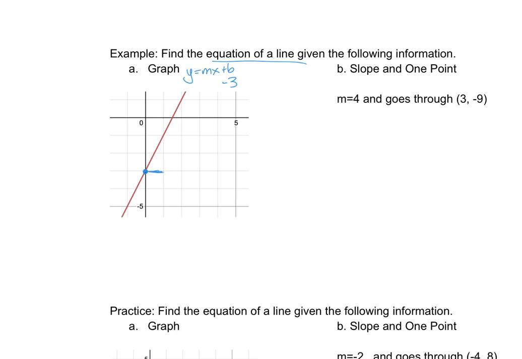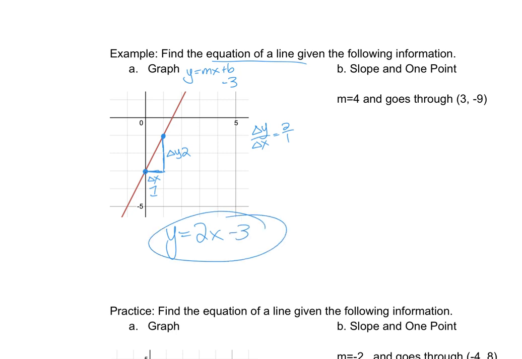I prefer drawing what's called a slope triangle. The slope triangle gives us the change in y and the change in x. You have to draw the triangle between 2 points that you know for sure so that you can count. So this is 1 and this is 2, and then we put delta y over delta x. That's 2 over 1. So my equation here is y equals 2x, since 2 over 1 equals 2, minus 3. And that's our equation for the graph.